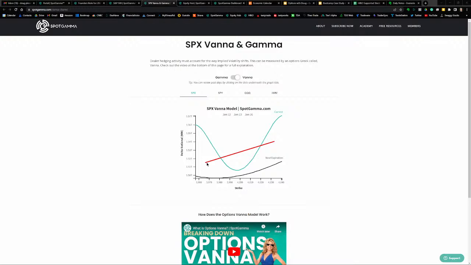So what this is showing, and I just draw a line through this green curve, which is showing how market makers' delta exposure changes with changes in price and implied volatility, and that is the Vanna effect, and that's again shown by the green line.